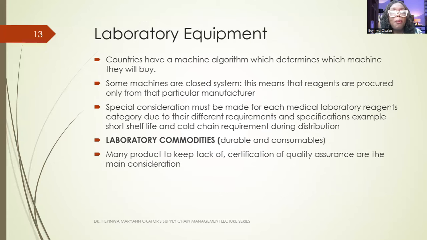Okay, let us look at single or sole source justification. Why do you need to have a single source for a particular reagent at any point in time? For example, it can be directed by the client or government.